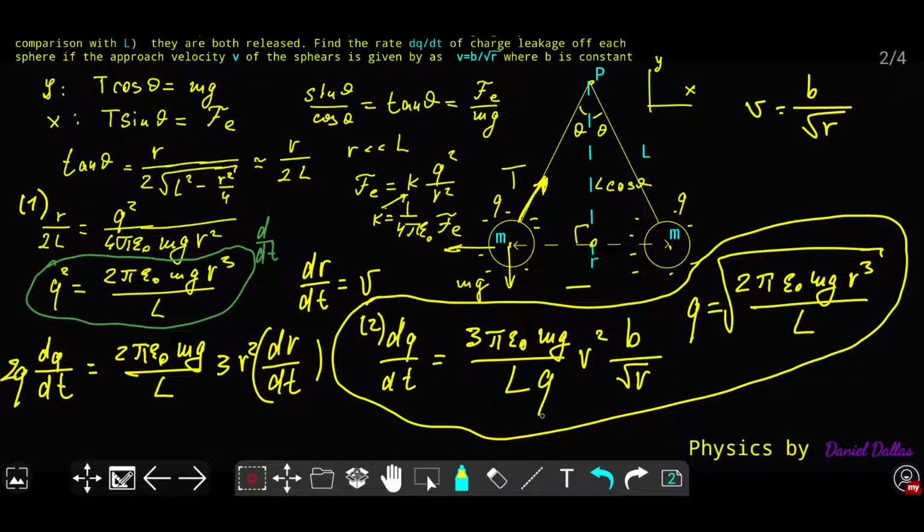So that's going to be the rate of change of charge leakage, in this case, of each sphere due to the fact that they approach each other, and that the electrostatic force of interaction between them is increasing every time while the distance is contracted.